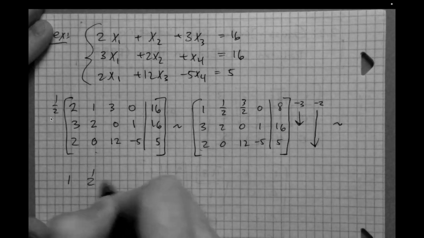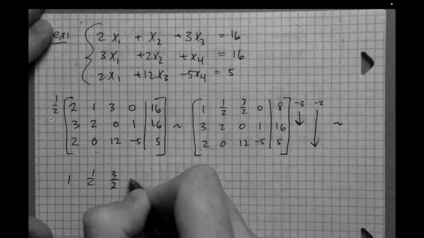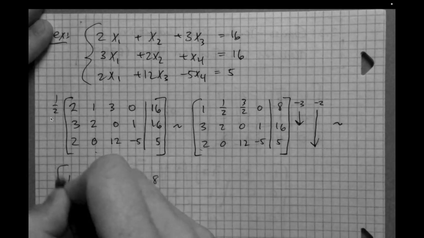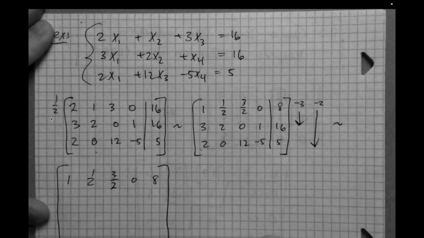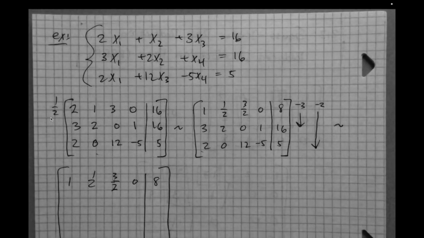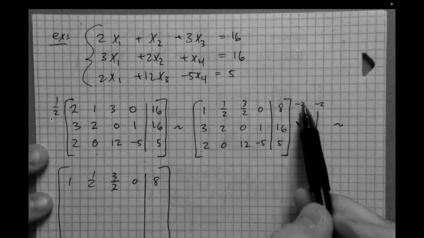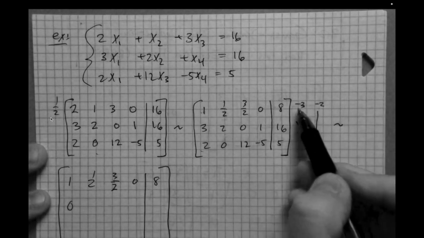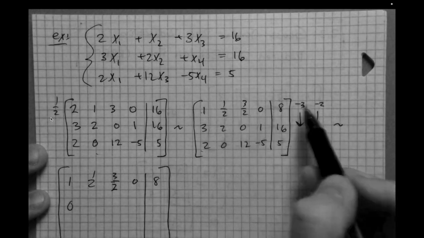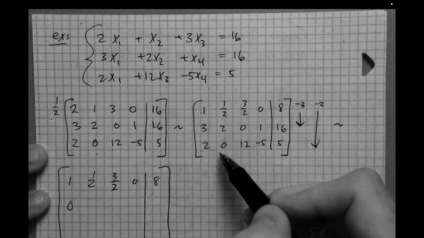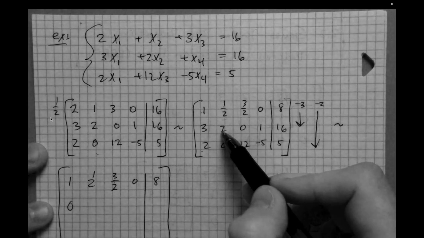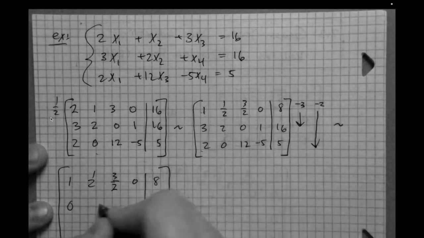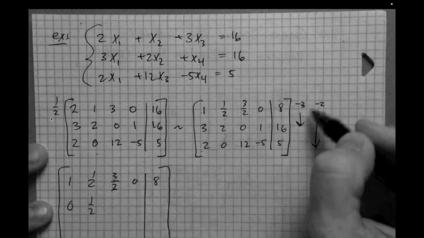So 1, 1/2, 3/2, 0, and 8. That's our row 1 unaffected. And so let's go through and see what happens with row 2. So -3 times 1 is -3, plus 3 is 0. -3 times 1/2 is -3/2, plus 2 is 1/2. Okay.